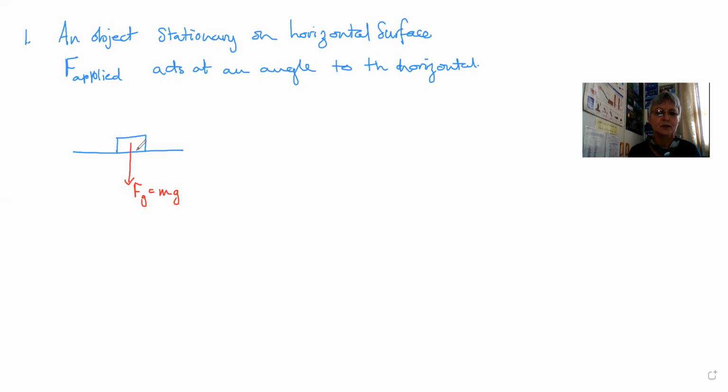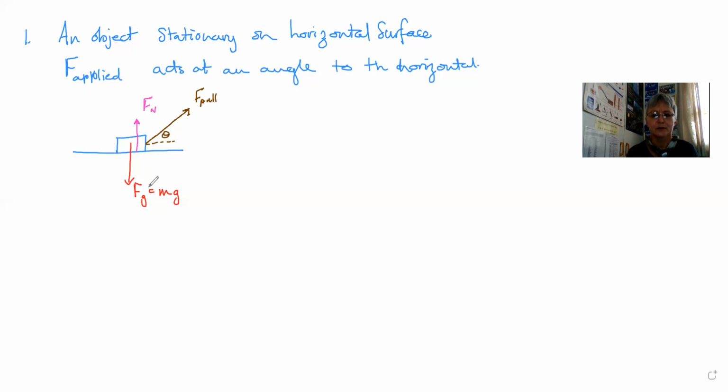And there is a normal force acting on the object, but now this normal force will not be equal to the gravitational force if and when the applied force is a pulling force at an angle to the horizontal plane.